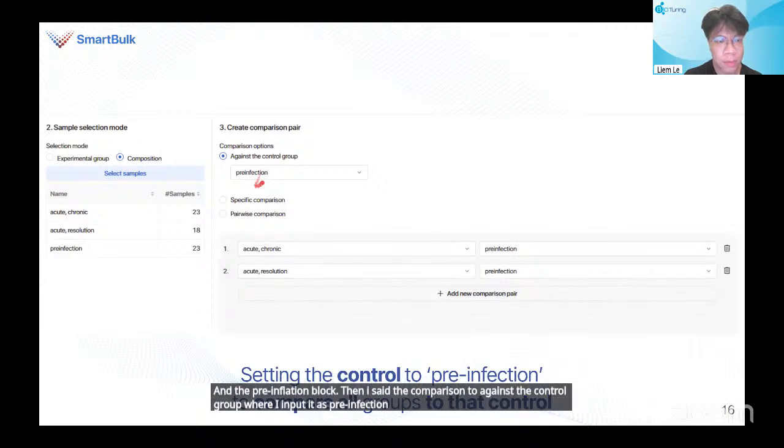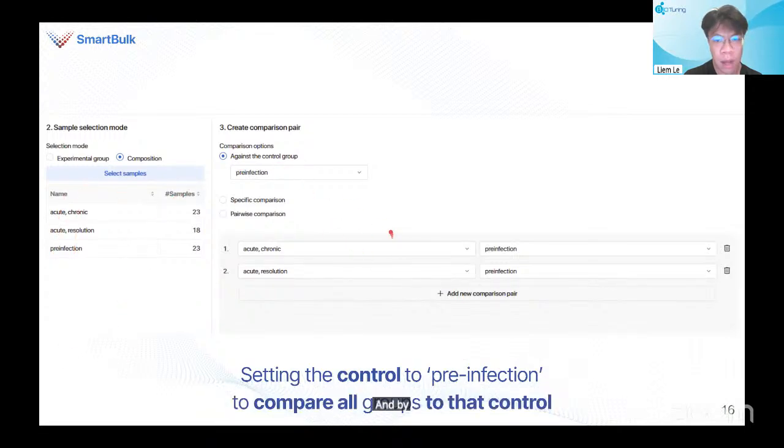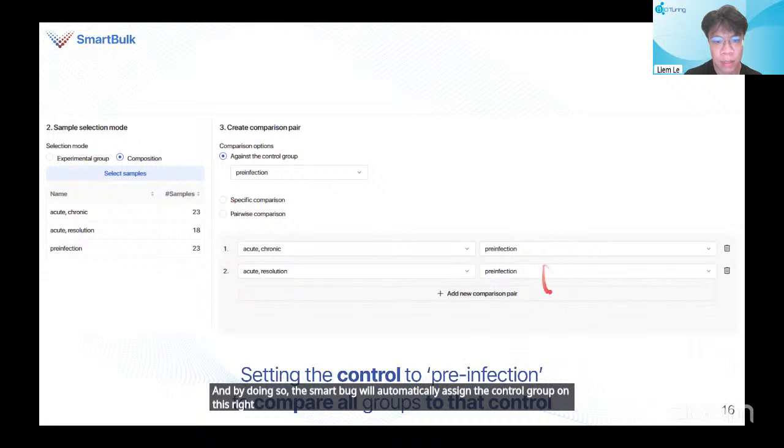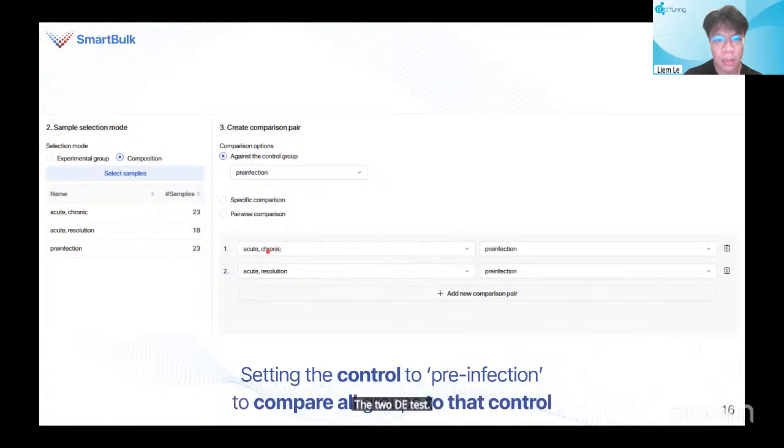This is extremely useful when you have a lot of groups. By doing so, SmartBot will automatically assign the control group on this right-hand side comparison panel. So the two DE tests, acute chronic versus pre-infection and acute resolution versus pre-infection, were performed.